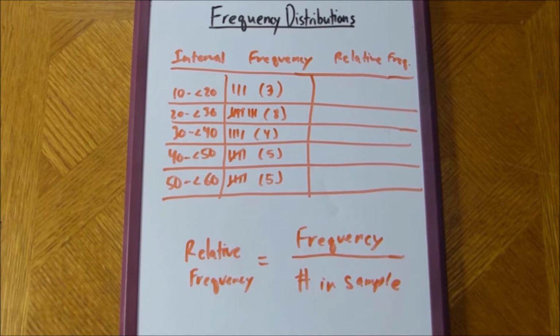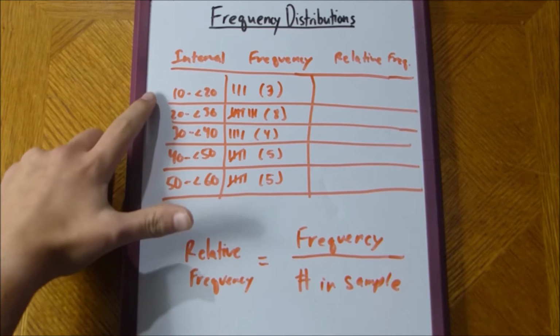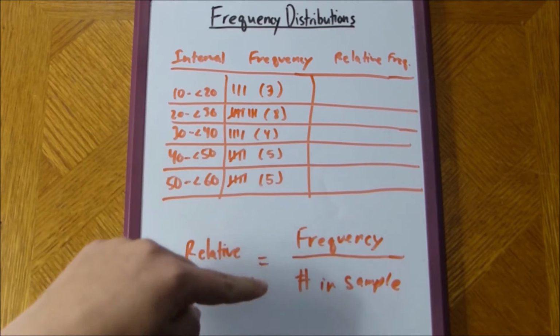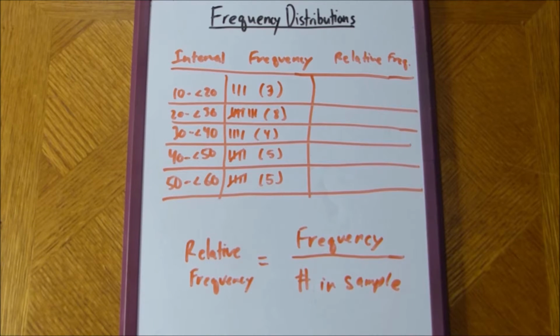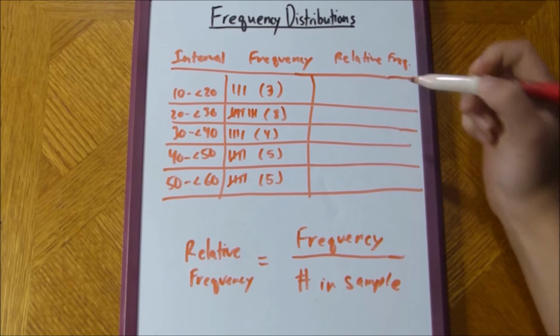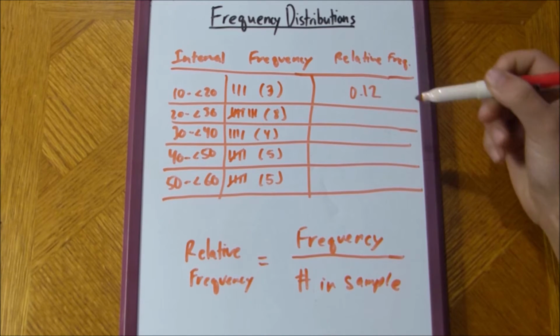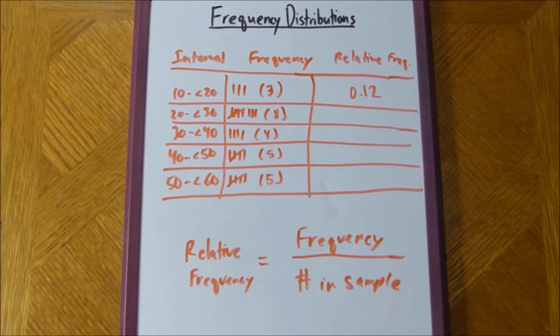Our frequency for the interval 10 through less than 20 is 3, and there's 25 numbers in the sample, so it would be 3 divided by 25, 0.12, and then you just do that for the rest of the table, right?